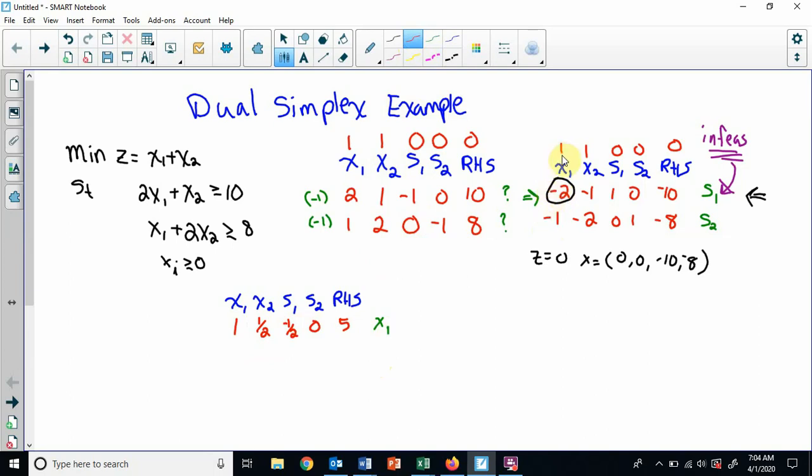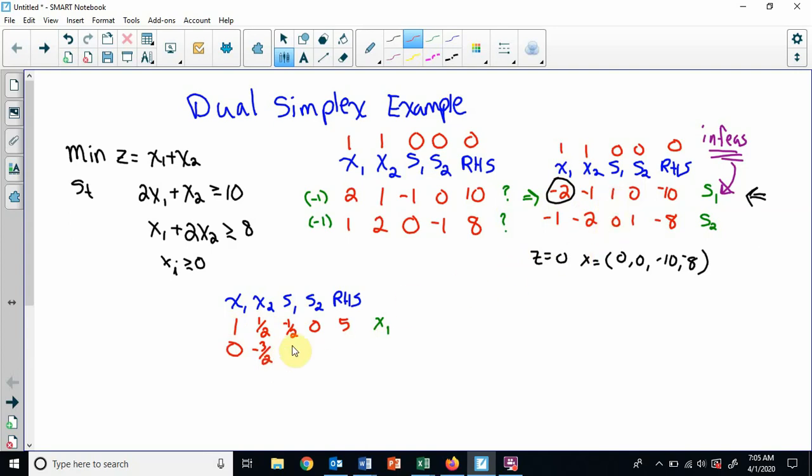So zeroing out this entire rest of the column, I could use these values because I'm going to do the same thing and multiply by negative a half and add down. So negative a half, so that'd be 1 times negative 1 is 0. A half to negative 2/3 is negative 3/2.